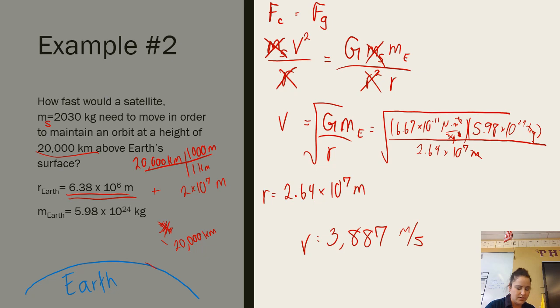Average. We'll be even more specific, orbital velocity of a satellite. And we get the International Space Station is 7,000, but the satellite orbiting Earth is about 3,200 meters per second. So 3,800 meters per second is definitely reasonable. And that's it for this lecture. Okay, cool? Okay, cool.